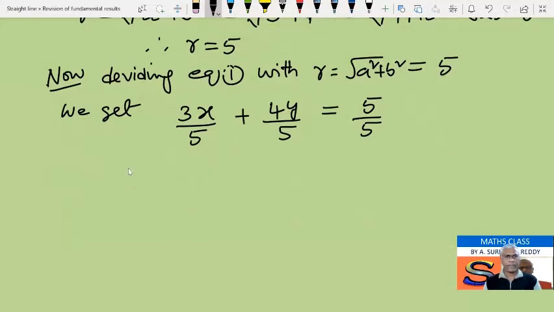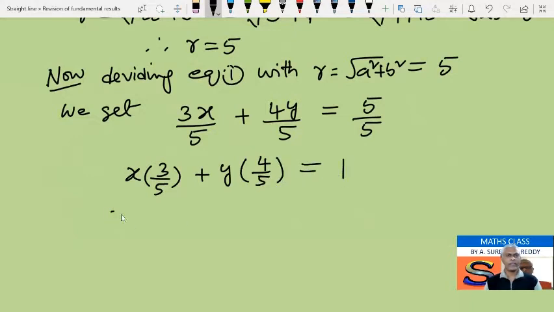So now x into 3 by 5, y into 4 by 5 is equal to 1. Now compare this with x cos alpha plus y sin alpha is equal to p.